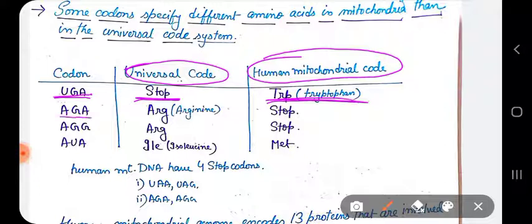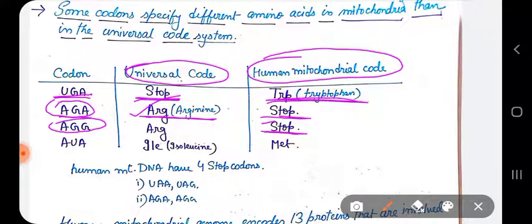AGA normally codes for arginine. Universally it is accepted, but within the mitochondria it codes for something else. In the human mitochondrial genome, AGA codes for a stop codon. AGG also codes for a stop codon in human mitochondria.